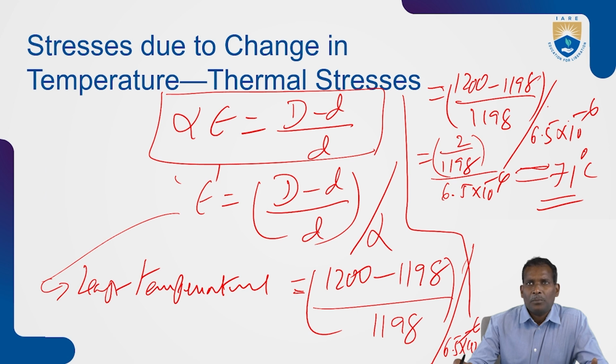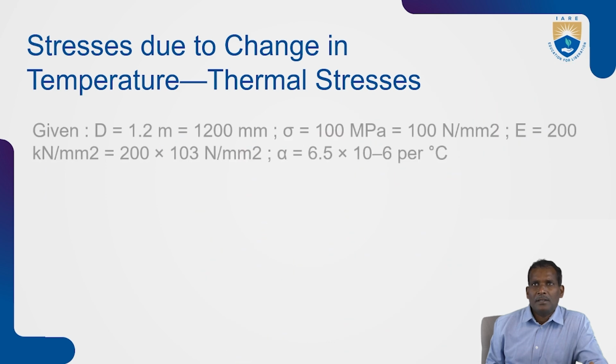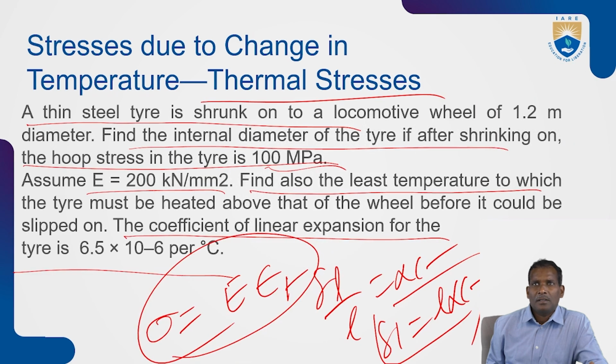So the least temperature required: the tire must be heated above that of the wheel before it could be slipped on. So the thin steel tire is shrunk onto a locomotive wheel.